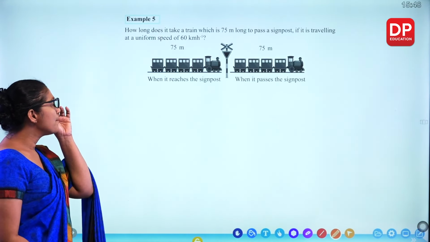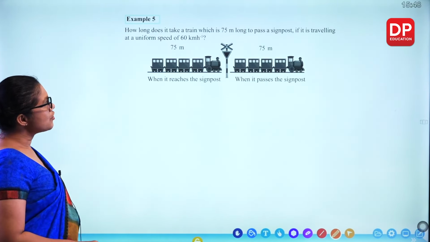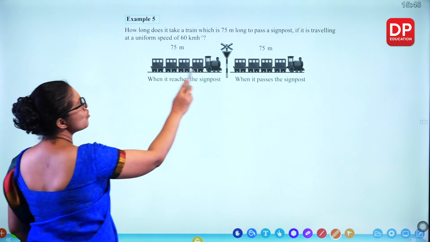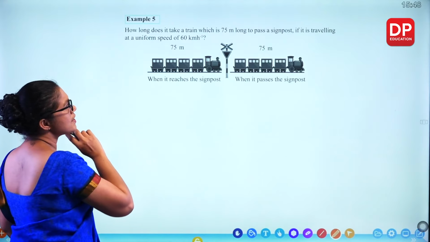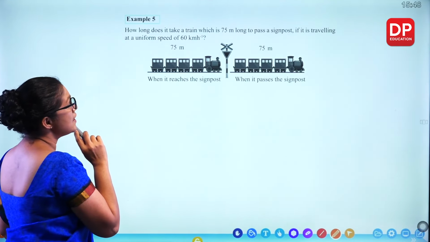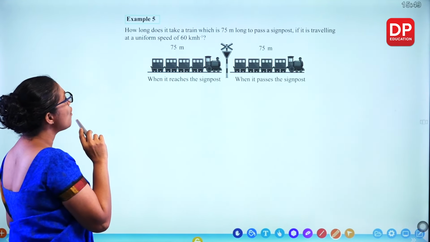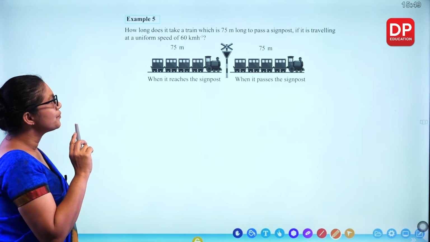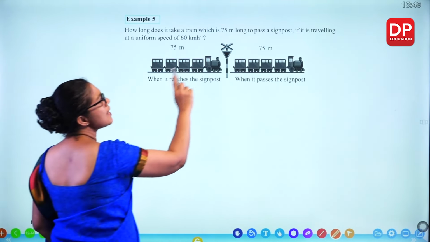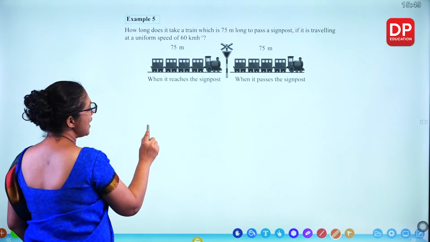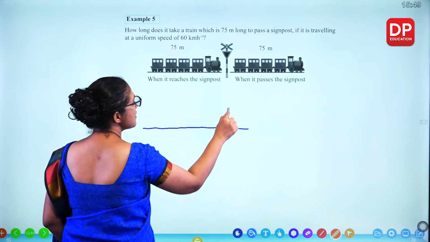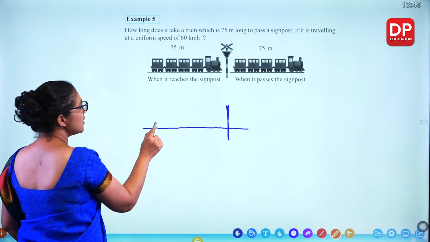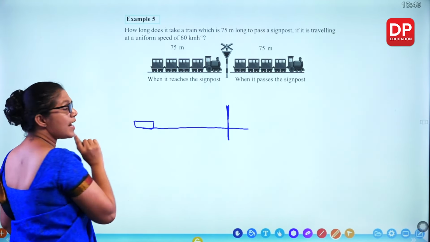Example number 5. How long does it take a train which is 75 meters long to pass a signpost if it is traveling at a uniform speed of 60 kilometers per hour? So pass the signpost means now the train is moving. Think about, this is the signpost. The train is moving.